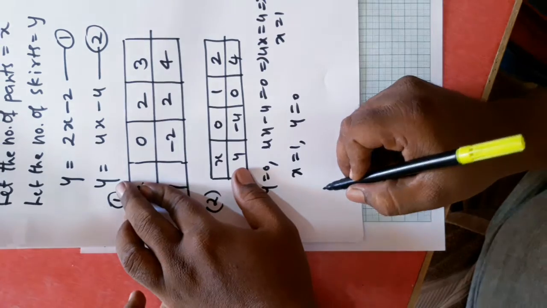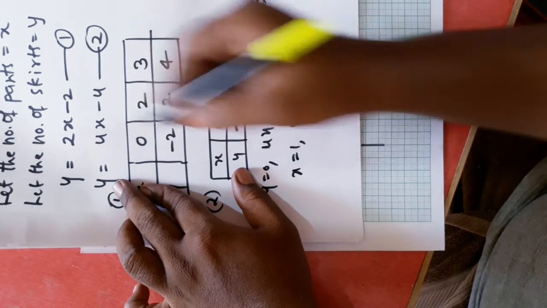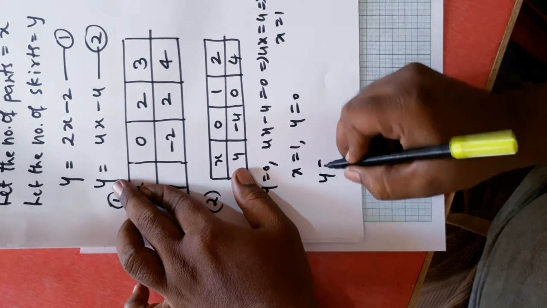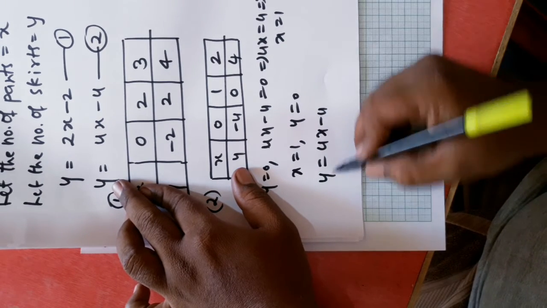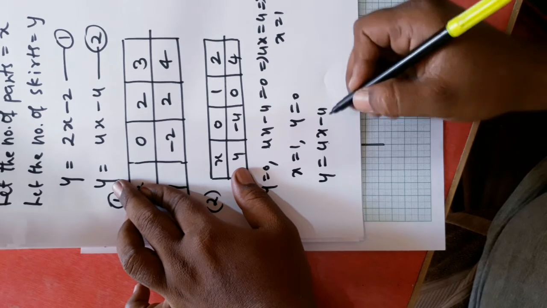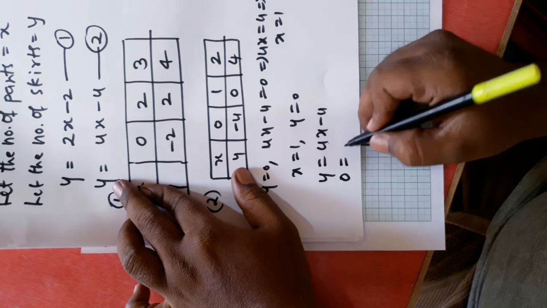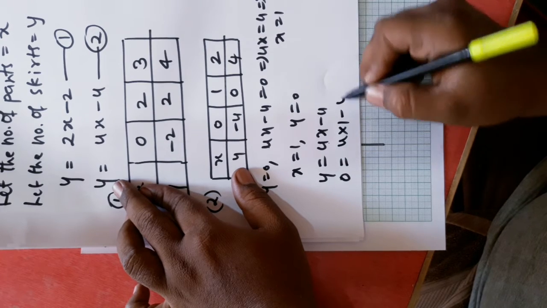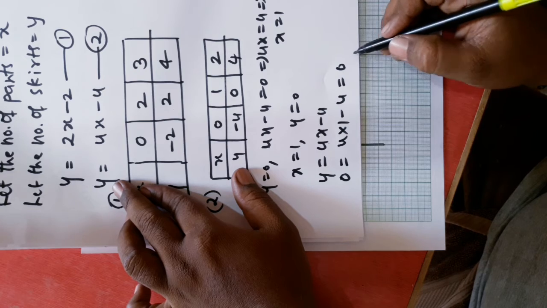Here y is 0, x is 1. y is equal to 4x minus 4, so you can prove LHS equals RHS. y is equal to 0, this will be 0. RHS is 4 into 1 minus 4, which is also equal to 0. LHS is equal to RHS.